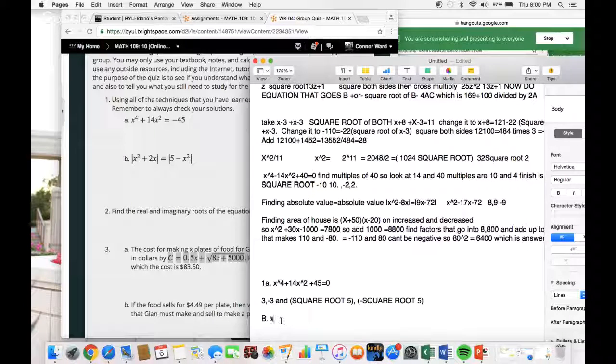You got x squared and you got plus 2x, and you bring a 5 down to the 2x, so subtract 5 from the 2, you got 3x. Oh, except it's minus x2, that's different.